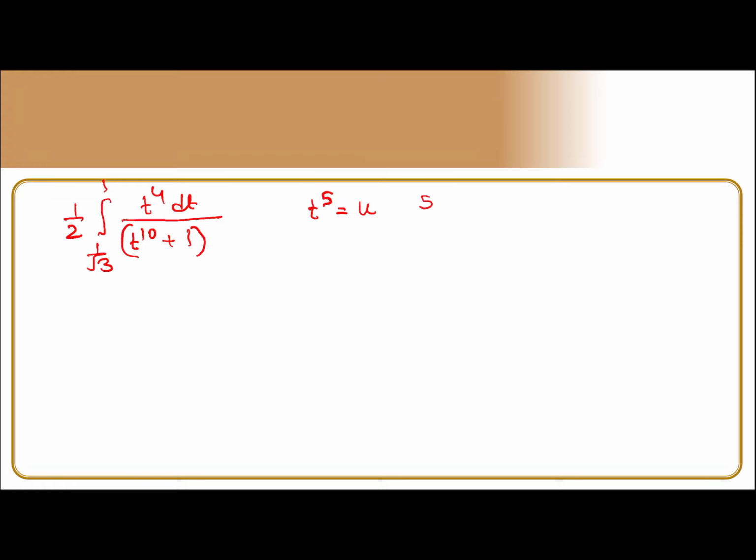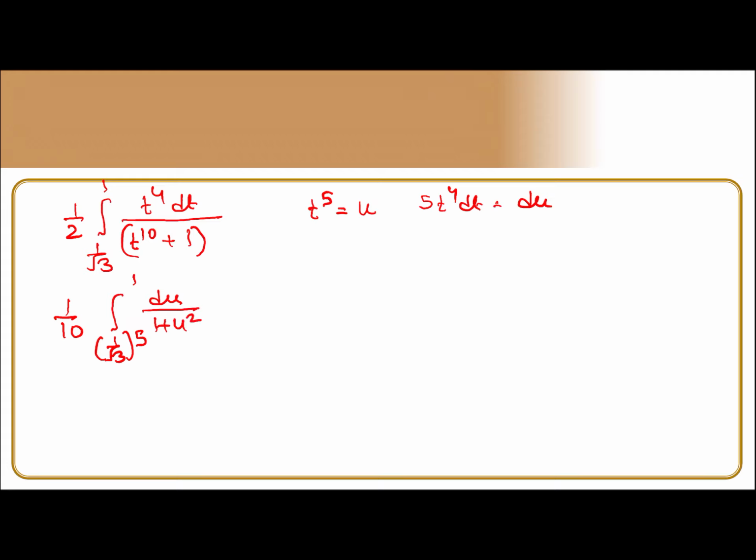So what we are getting? 5 t to the power 4 dt is equal to du. So automatically this will become multiplied by 5, divided, 1 by 10. What will be the limits now? Limits will be 1 by root 3 to the power 5 and 1 to the power 5. This will give you du by 1 plus u square.